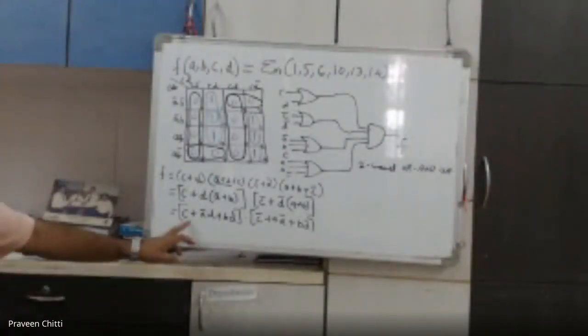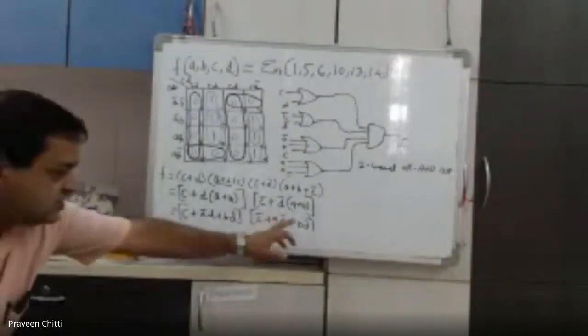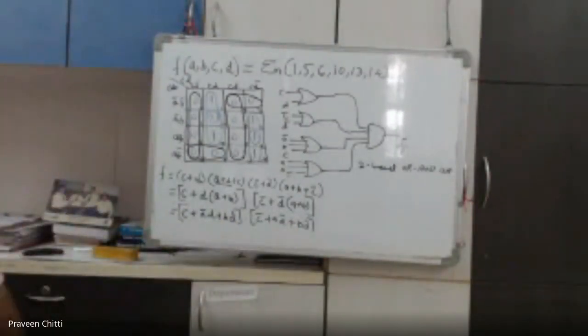So whatever POS equation we have got, we have put it in a different form so that using this modified factorized expression, now easily we can draw the logic diagram, and this logic diagram will be a 3-level logic diagram. Why? You can see here we have 3 terms, here also 3 terms we are having, and this OR operation can be obtained, and then the AND operation can be obtained using the same.